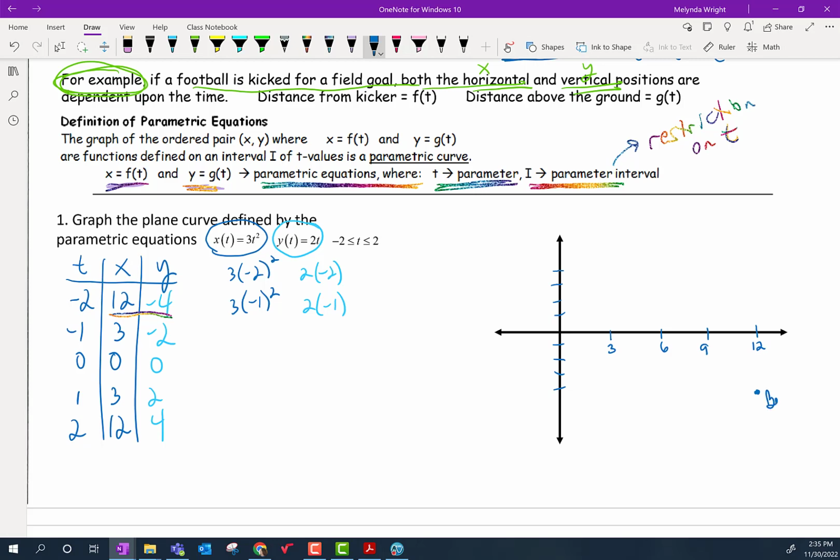So this is the beginning or start. That's the start of the graph, and label and actually put the point, which is 12, -4. All right. So the next point is 3, -2. Puts us about here.